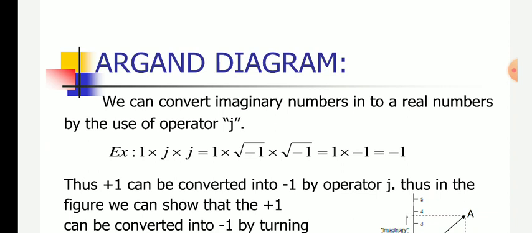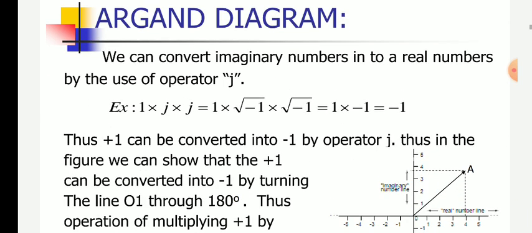So 1 into j into j is 1 into square root of minus 1 into square root of minus 1, so that becomes 1 into minus 1, that is equal to minus 1. Thus plus 1 can be converted into minus 1 by operator j.